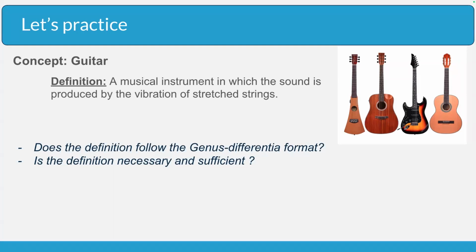Same as before, please write in the chat, or unmute. Okay, there's a few that just came in the chat. So Patrick says not sufficient. A sitar is not a guitar. Claire says for number one, yes, and number two, necessary but not sufficient.